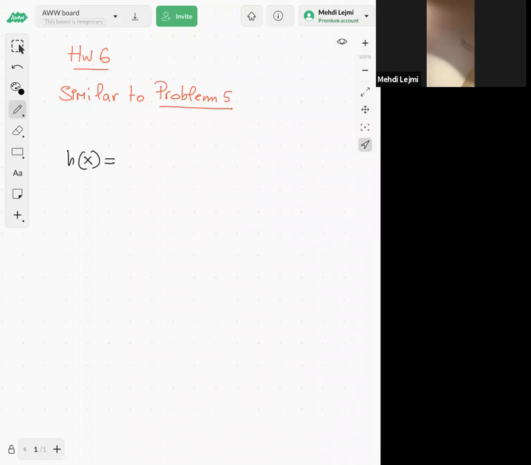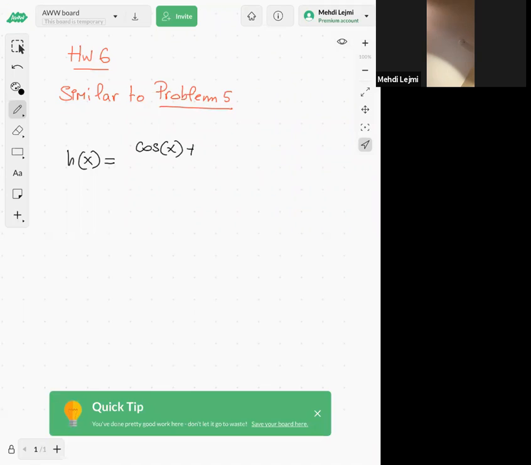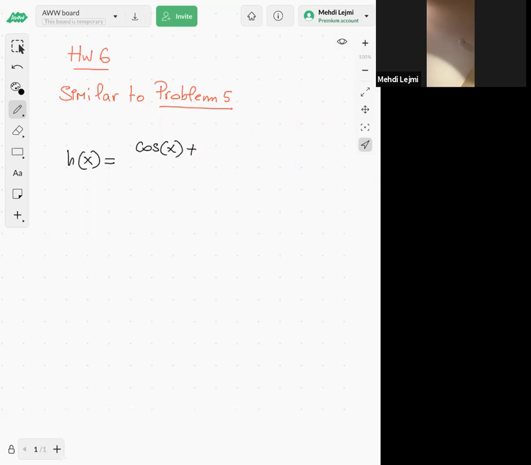Let's say instead of sine of x plus 1, it's cosine of x plus 2 over x cubed minus x. This is very similar to problem number 5 in the homework. So we have this function cosine of x plus 2 over x cubed minus x.